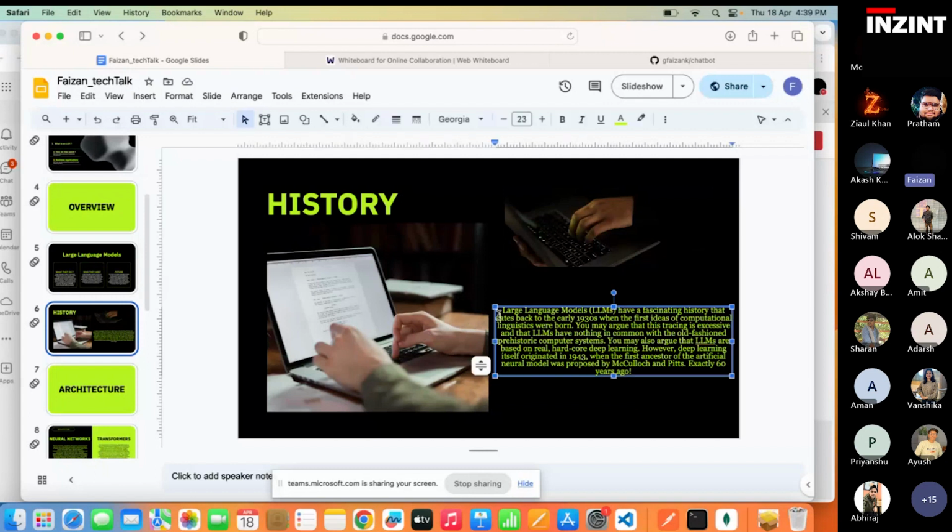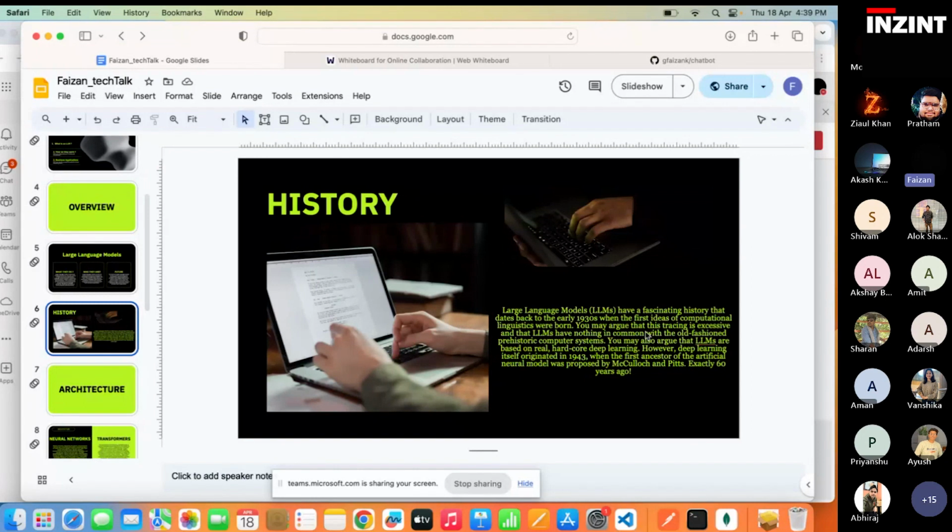Large language models have a fascinating history that dates back to the early 1930s, when the first ideas of computational linguistics were born. We might have studied this in our early school textbooks, and we might remember that as well.